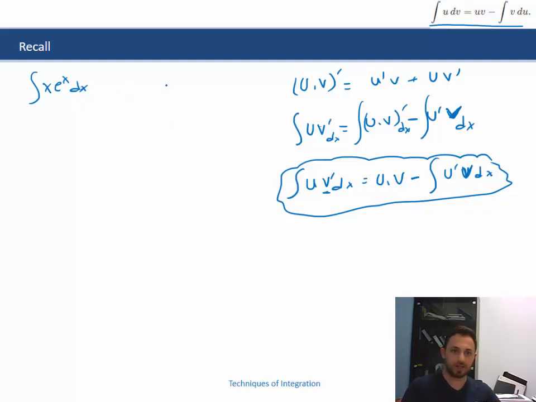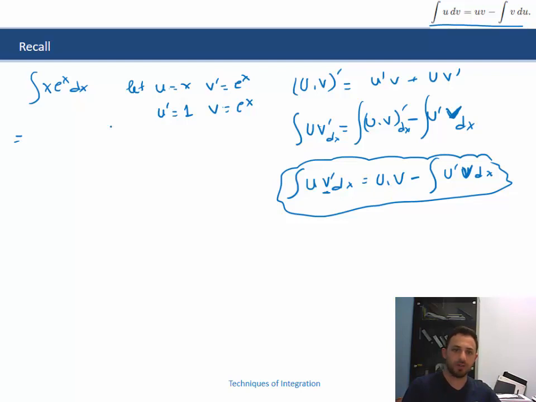So for this exercise, we can say let u equal x, v' equal e^x. Then u' would be 1, and v, the integral of e^x, is e^x. So in order to get v from v', we integrate both sides. Okay, and simply you can employ the equation.